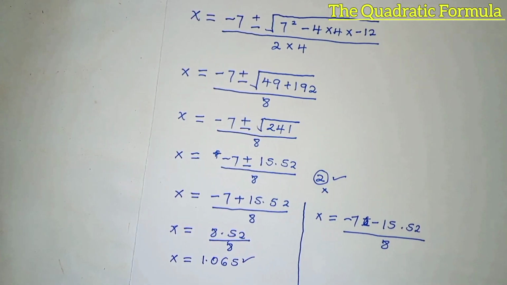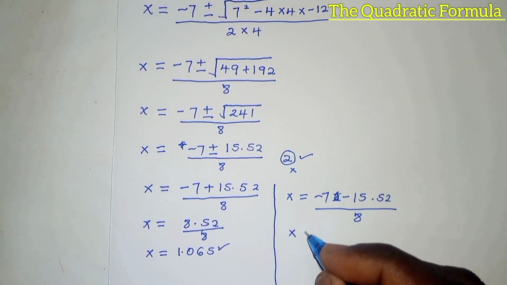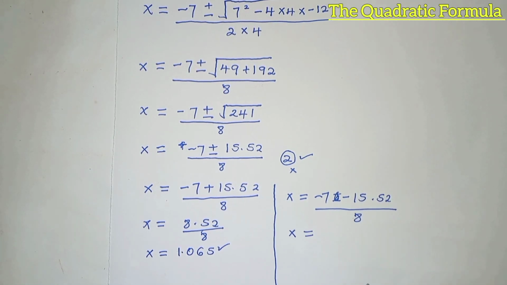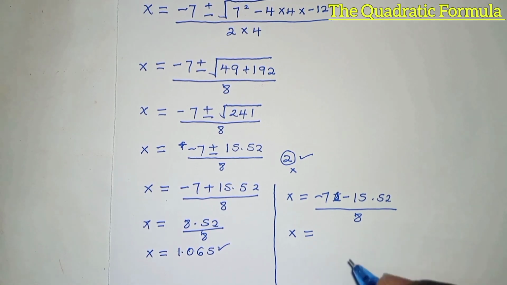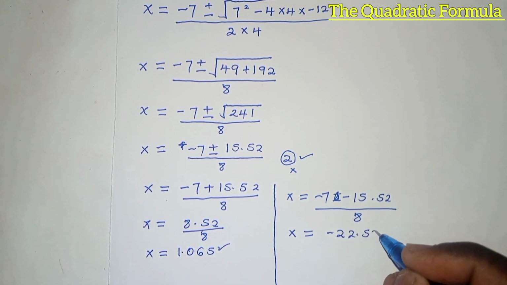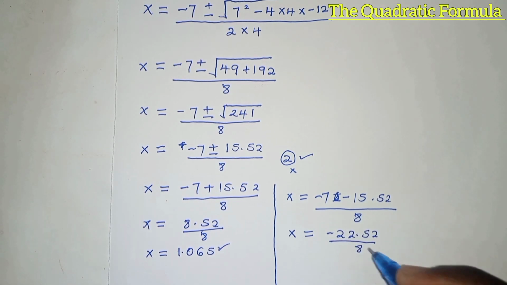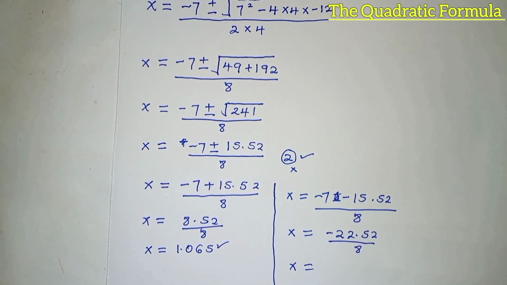That's the first value of x. The second value of x is when this one is negative. So negative 7 minus 15.52, the answer is negative 22.52, then divided by 8. Take your calculator and press negative 22.52 divided by 8, and your answer you should get is negative 2.815.